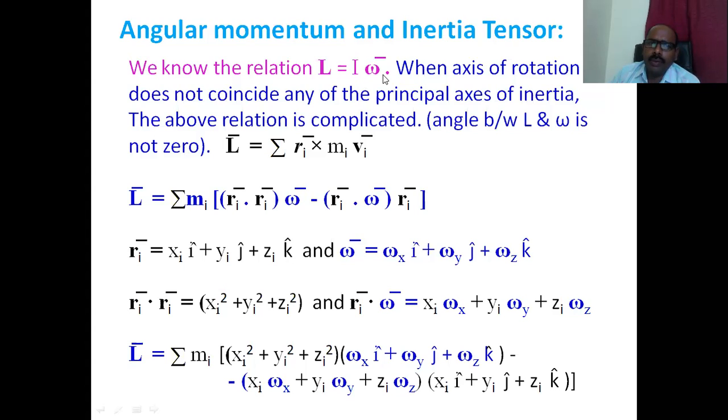Whenever L bar and omega bar are in the same direction, the moment of inertia is a scalar. Whenever they are not in the same direction, inertia becomes a tensor, called the inertia tensor. The inertia tensor is a symmetric tensor and it contains 9 components. We have discussed all these things.